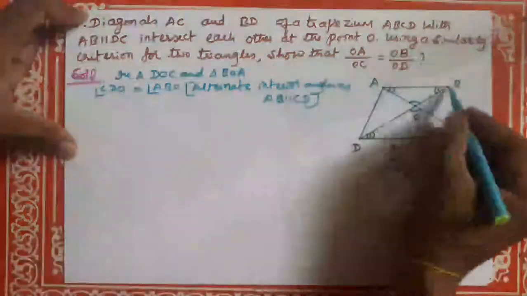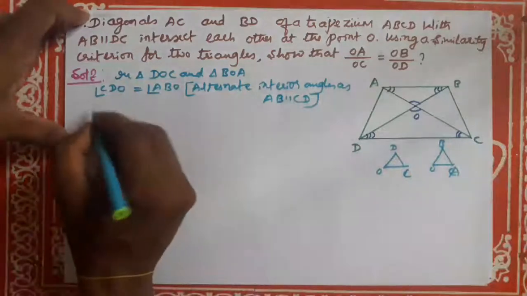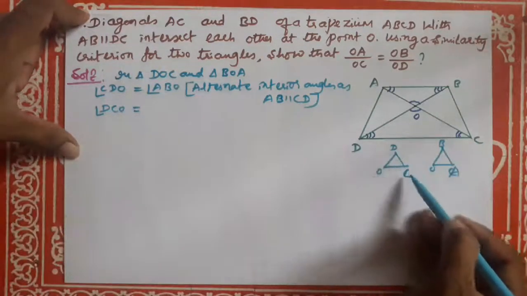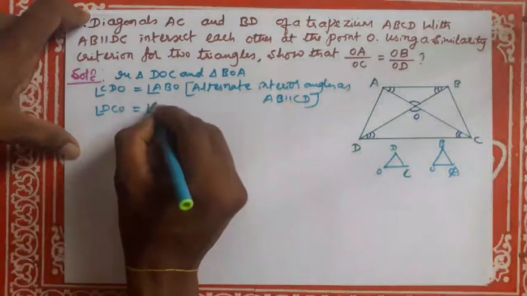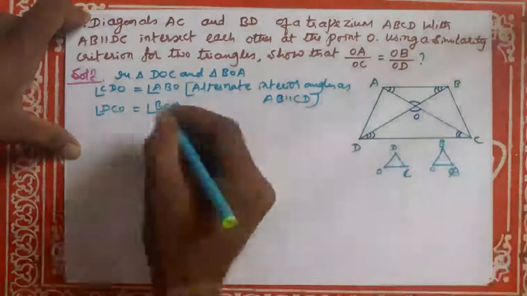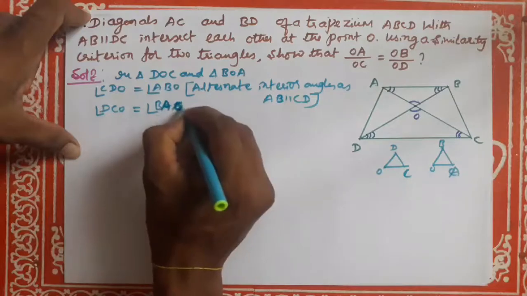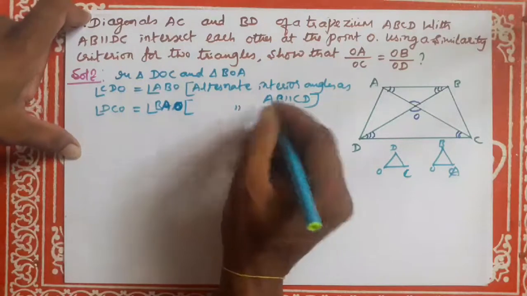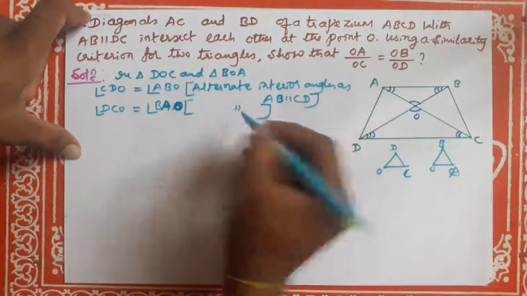You get a Z shape. Angle DCO is equal to angle BAO. This is also the same: alternate interior angles, as AB is parallel to CD.